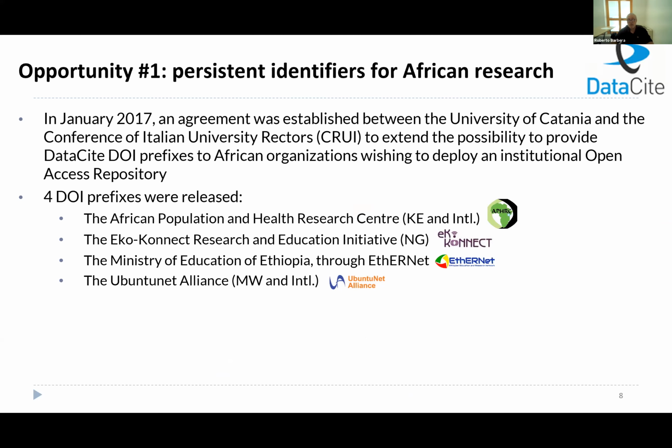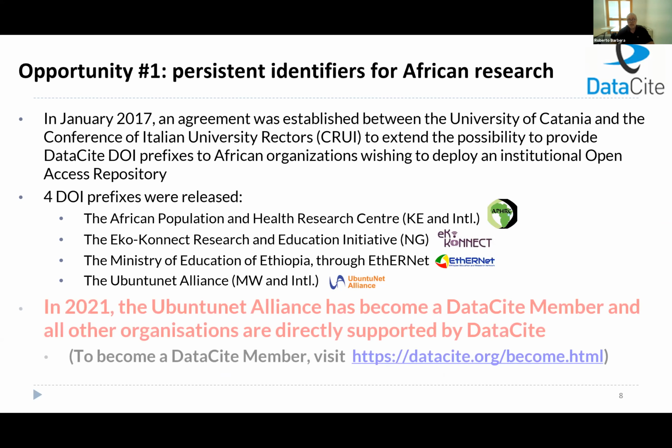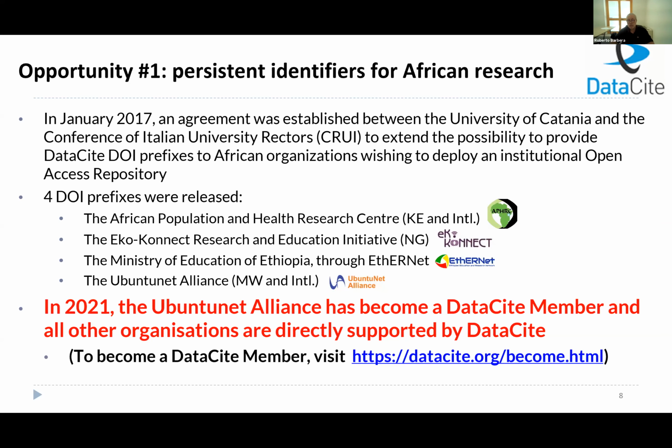And at that time, 4 prefixes were released. The situation has improved, and now in 2021, the UbuntuNet Alliance has become a DataCite member, and all the other organizations owning a DOI prefix are now directly supported by DataCite. And if you are interested in becoming a DataCite member and exploring the different types of memberships, you can visit the address.